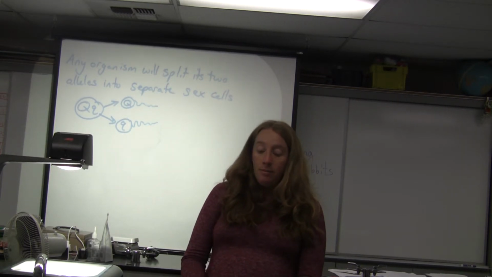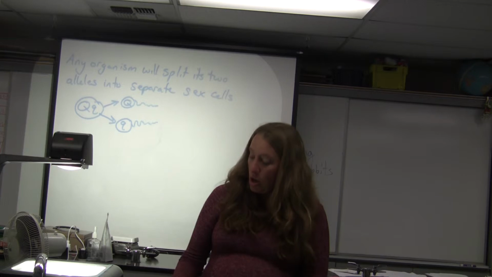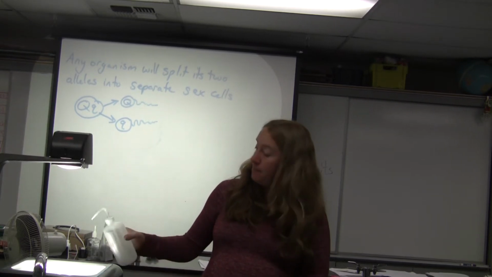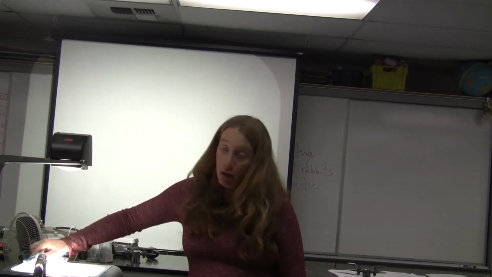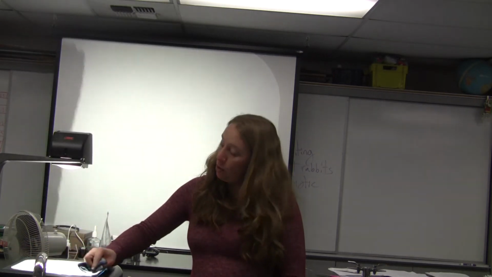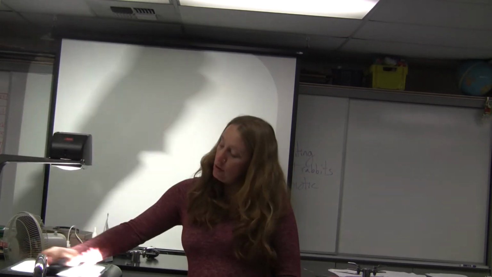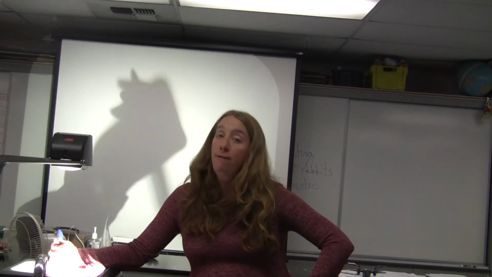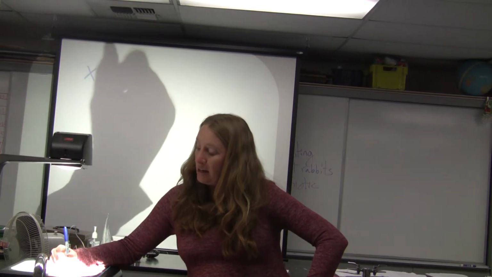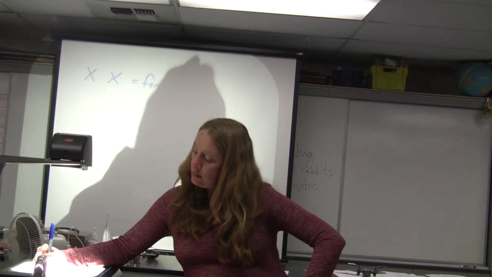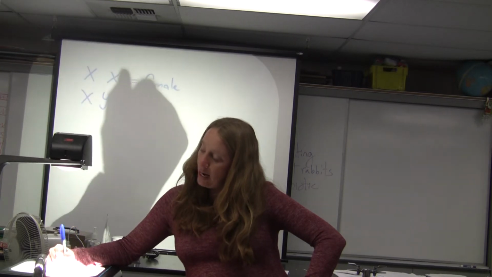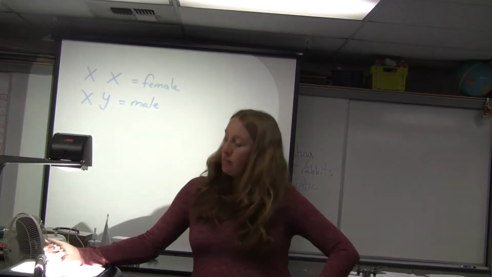And last but not least, we have sex-linked traits. Woo! This one's a doozy. So, a sex-linked trait is specifically a trait that's on one of your sex chromosomes. So, you have 46 chromosomes. Numbers 45 and 46 are either an X and another X, in which case you are female, or X and Y, in which case you're male.